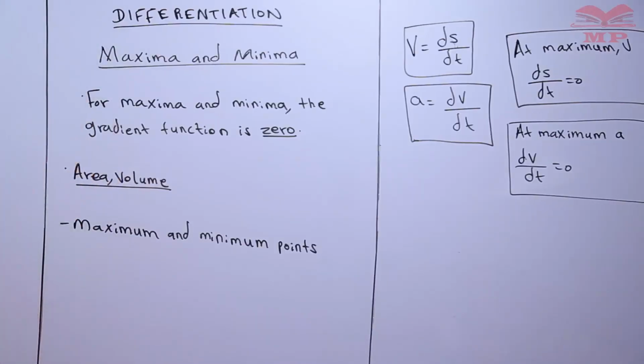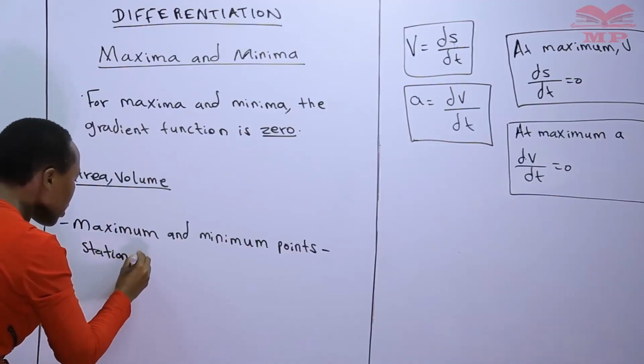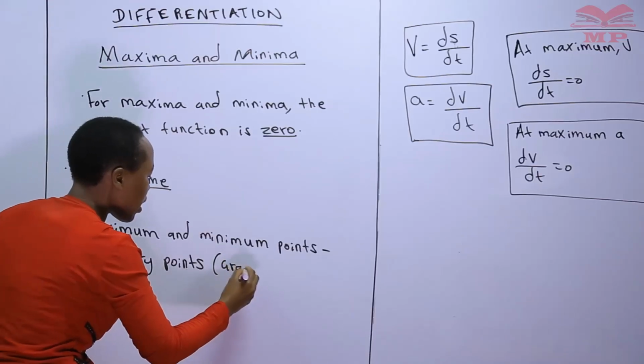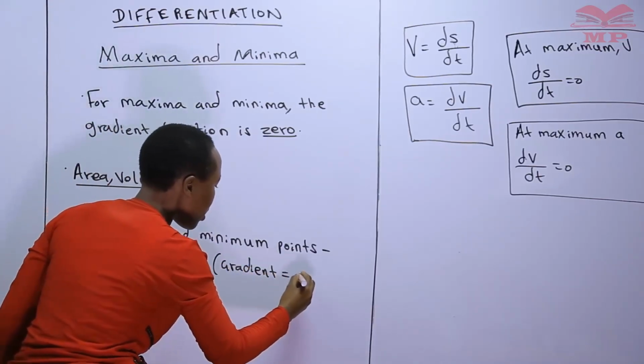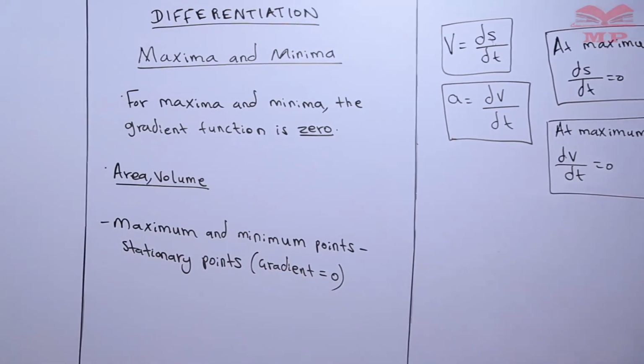We said that they are stationary points, and the gradient of a stationary point is equal to 0, both for maximum and minimum. So we are going to do some examples so that you can understand more how to calculate maximum and minimum, whether it is area, volume, acceleration, velocity, or any other quantity.